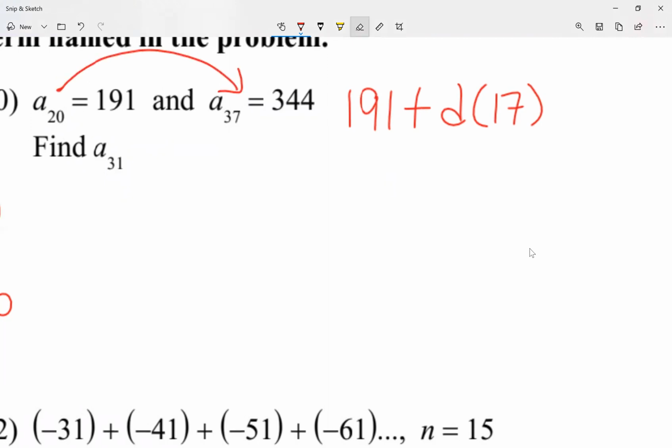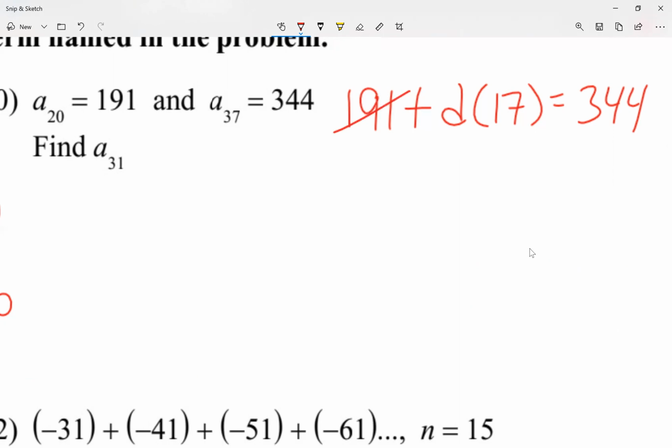So to 191, I add the difference 17 times. That's going to give me 344.